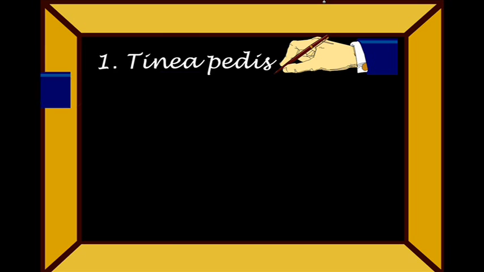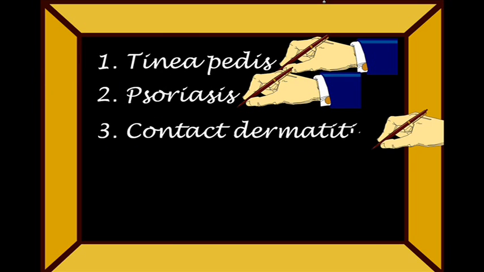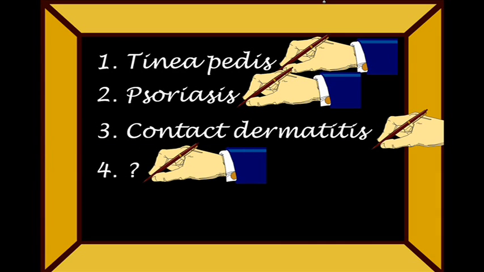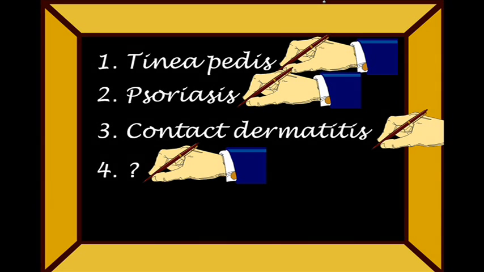An example: tinea pedis, psoriasis, contact dermatitis, and number 4, is there another condition that I can consider with respect to a patient? All these 3 defined conditions and the 4th unknown condition could relate to a particular presentation before you. Let's consider how we'd work through this.